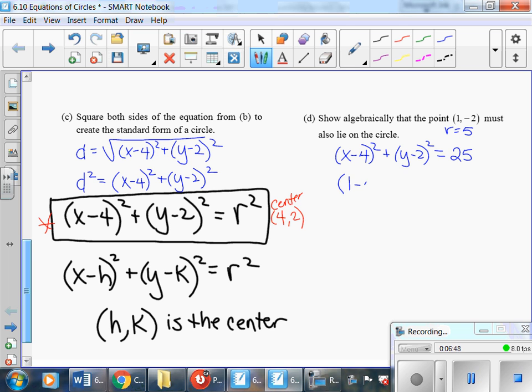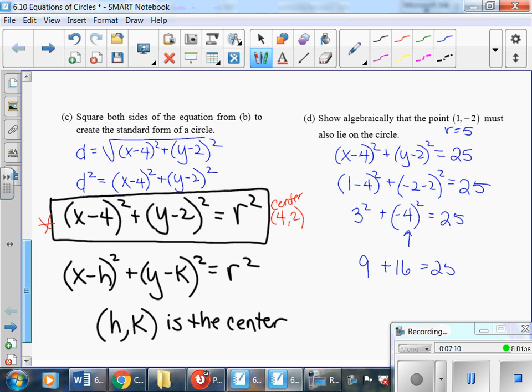So we get (1 - 4)^2 + (-2 - 2)^2 = 25. So we get 3 squared plus (-4) squared. Now be careful, make sure that's in parentheses, equals 25 because this will always turn positive because you're squaring it. So you get 9 + 16 = 25, and we just showed that that point lies on this circle.